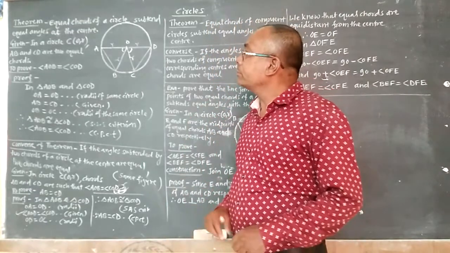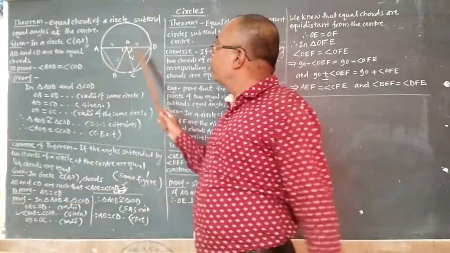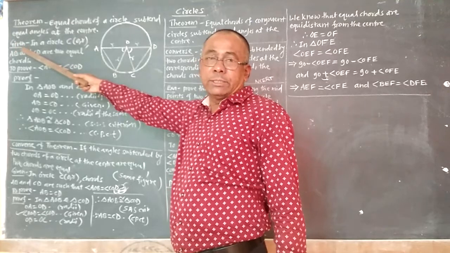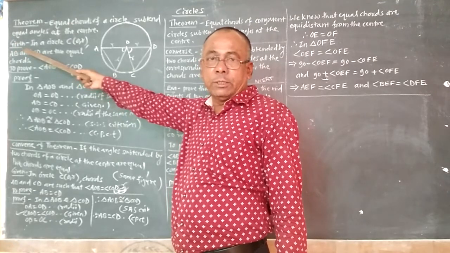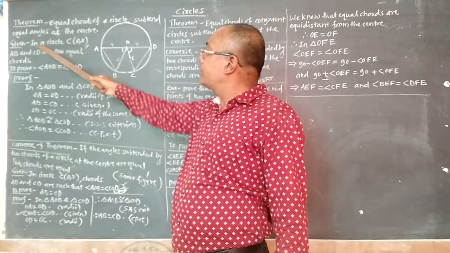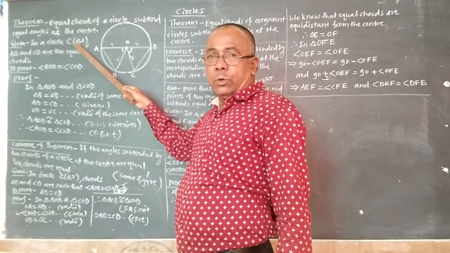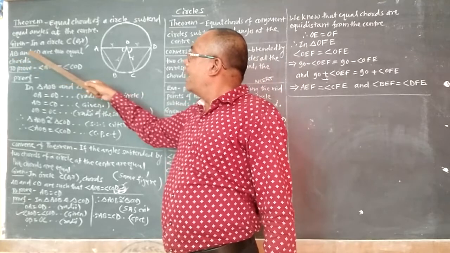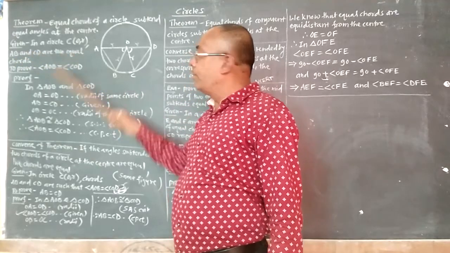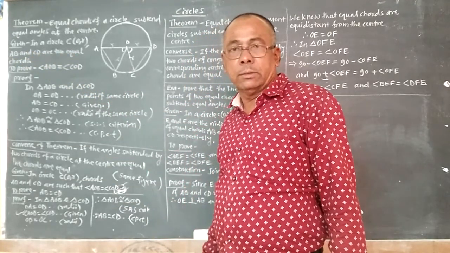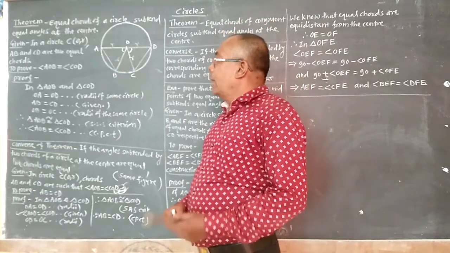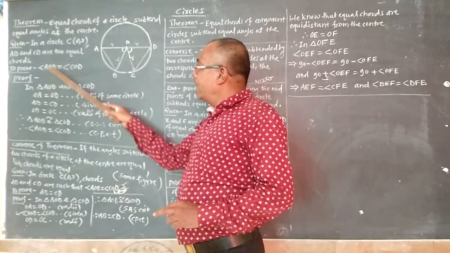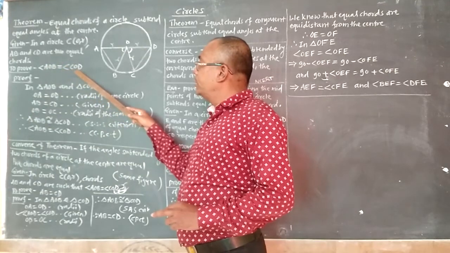And so to prove this theorem, we will write the given, means the information of the figure. So here in a circle with center O, chord AB and chord CD are equal, and we have to prove that angle AOB equal to angle COD.